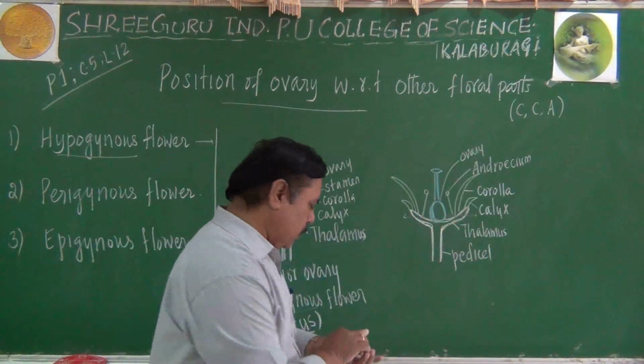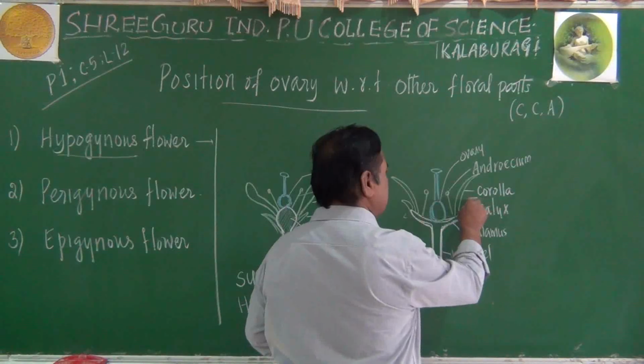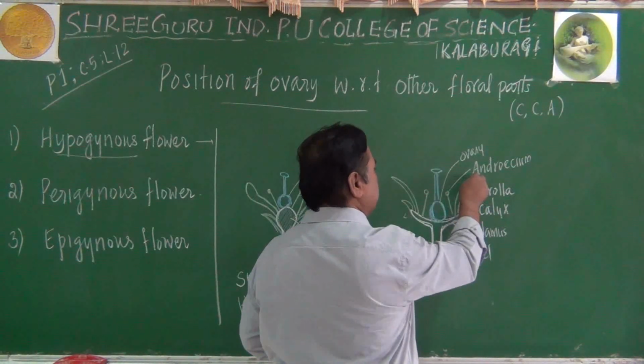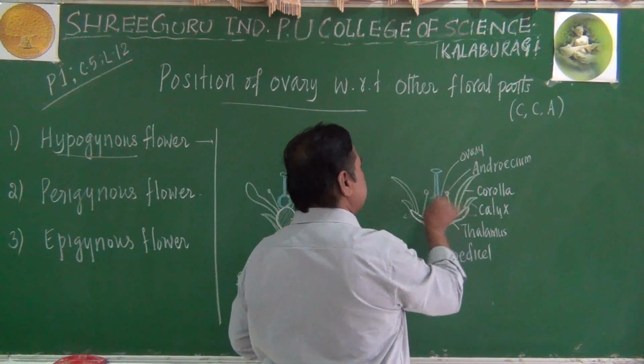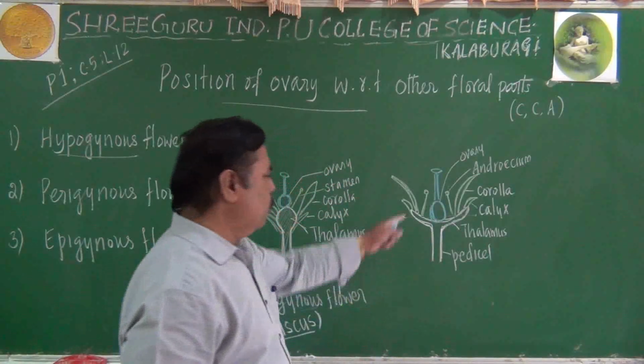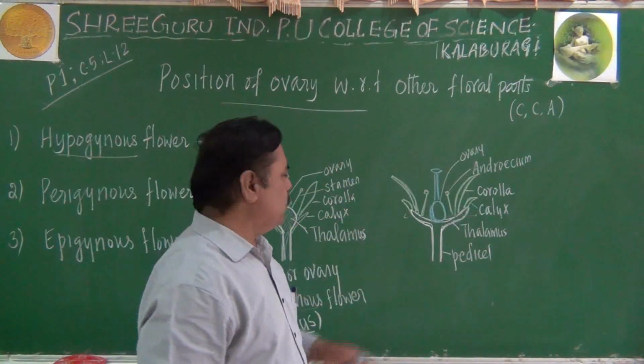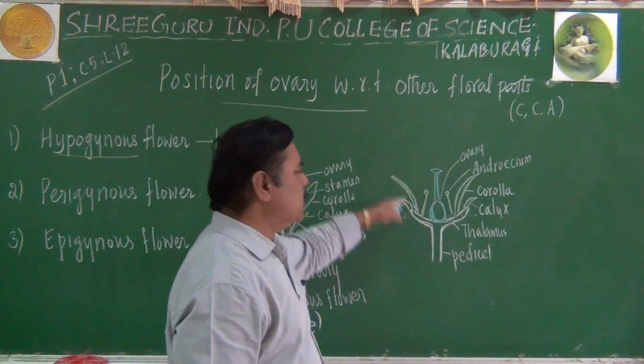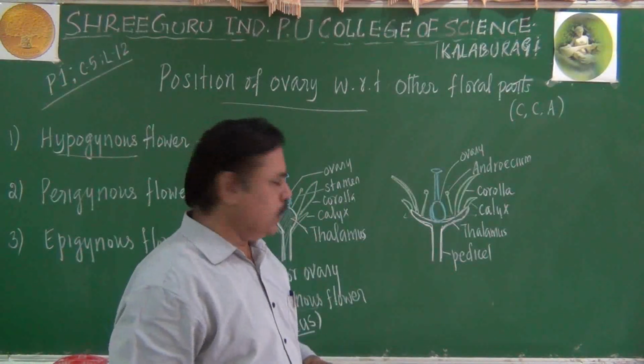Calyx is here, made up of sepals. Corolla is here, made up of petals. Androecium is here. So these are stamens, these are corolla, these are calyx. Now here, what is the characteristic shape of thalamus? Thalamus is somewhat boat shaped, we can see.